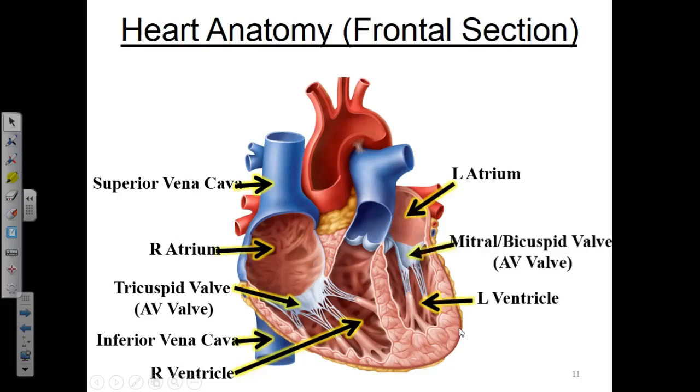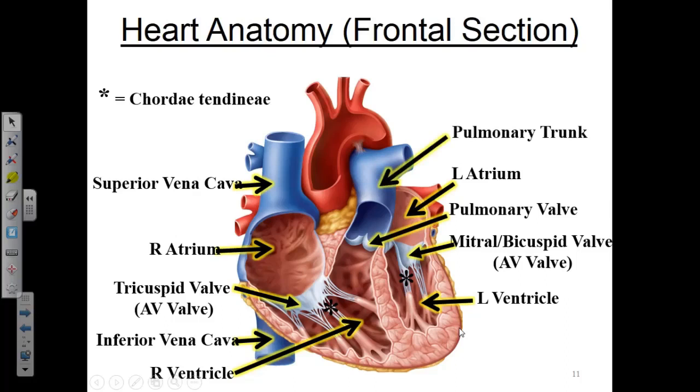And then we have the mitral or bicuspid valve that's separating the left atrium from the left ventricle. And then we have the chordae tendineae, which are those parachute cords helping stabilize the AV valves when there's an increase in pressure there from the ventricles contracting. All right, and then there's some valves that we can't see very well.